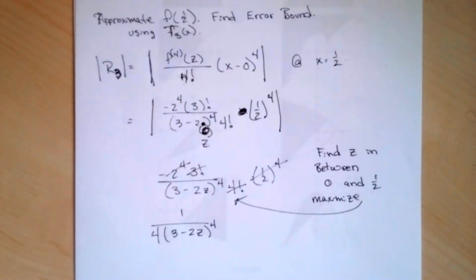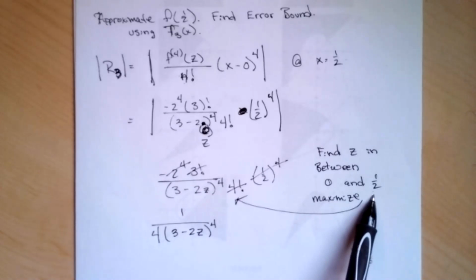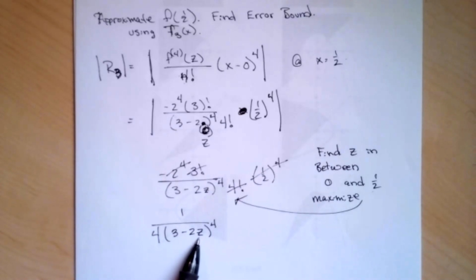So if z is between 0 and 1/2, how do we maximize this expression? Usually good to check the endpoints. What happens if z is 0? If z is 0, we will have a 3 to the fourth in the denominator. So 1 over 4 times 3 to the fourth. If z is equal to 1/2, then it'll be 3 minus 1, so it'll be a 2 to the fourth in the denominator.